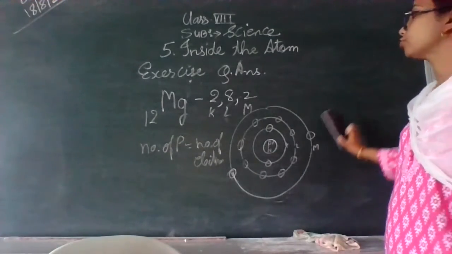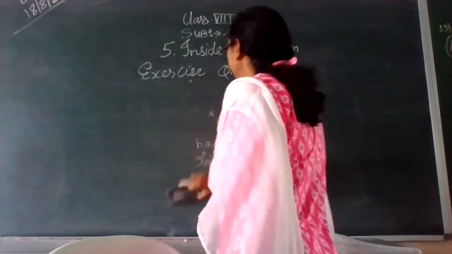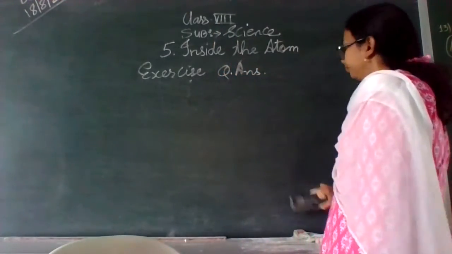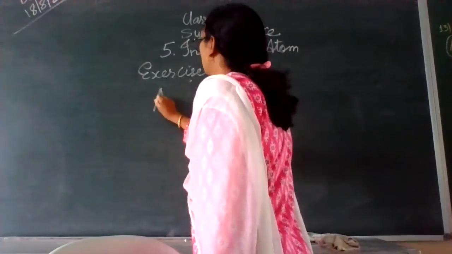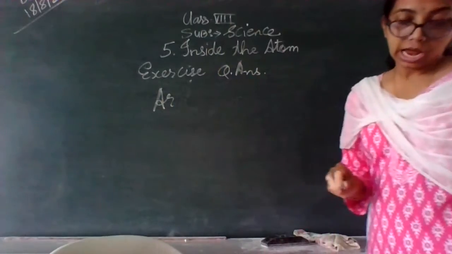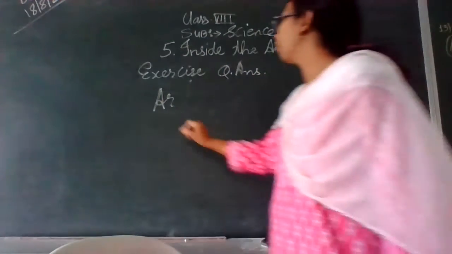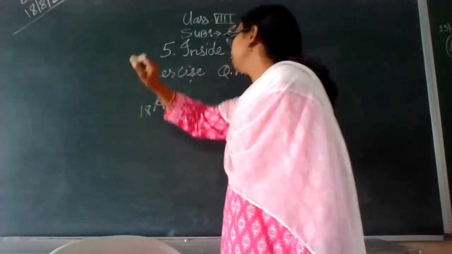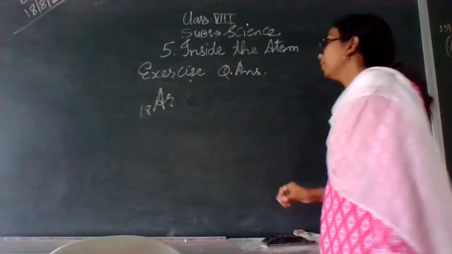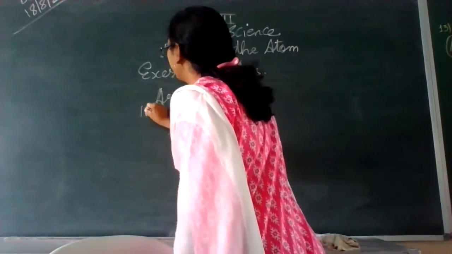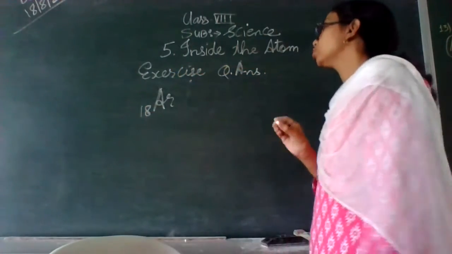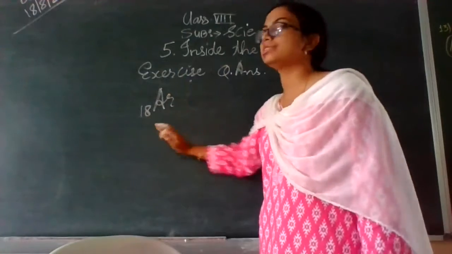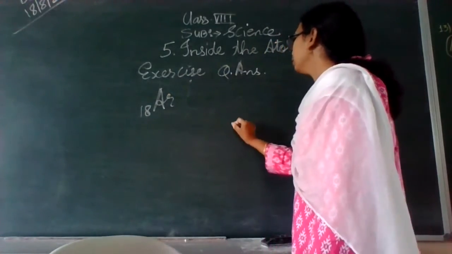Argon electronic structure. Argon has the symbol Ar, and its atomic number is 18. Okay, the atomic mass number will be different as we add the neutron number also, but the number of protons is 18 as the atomic number is 18.